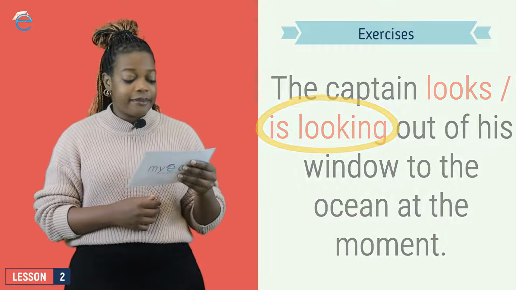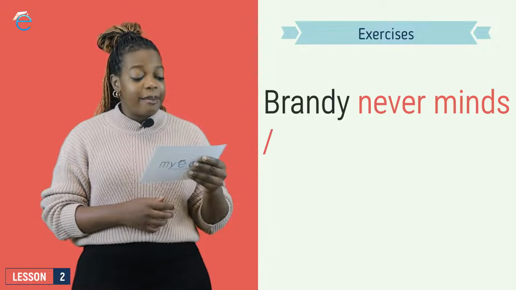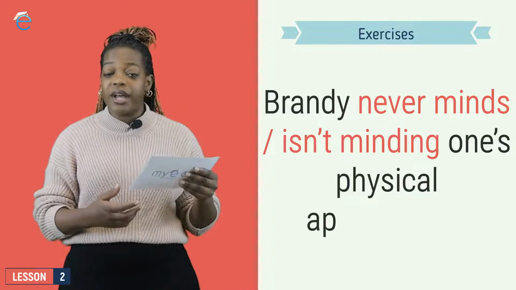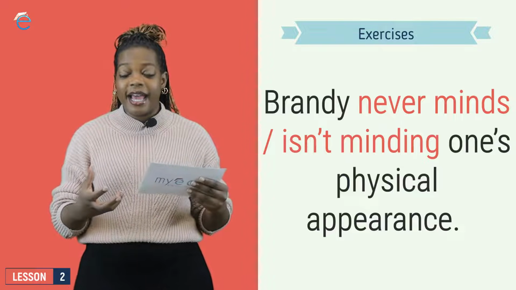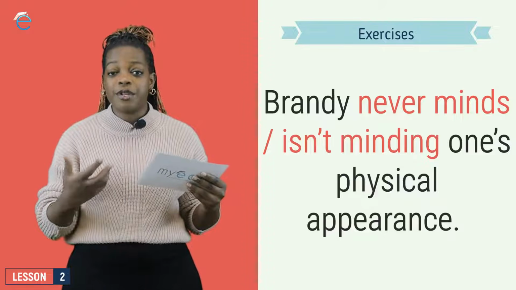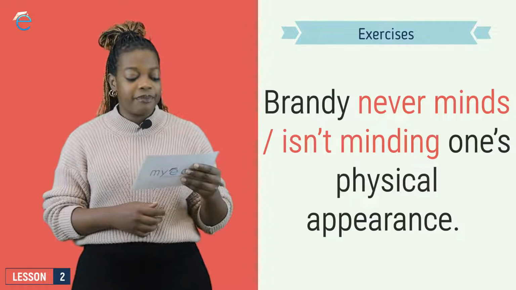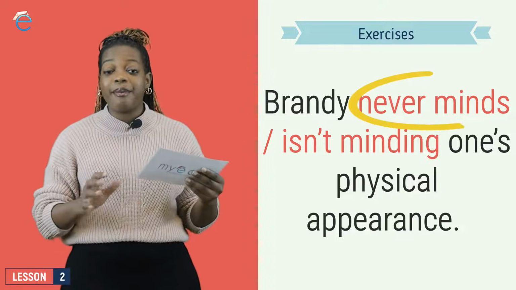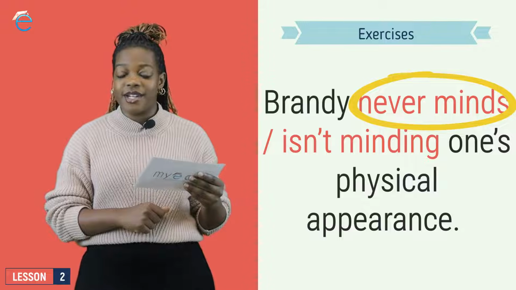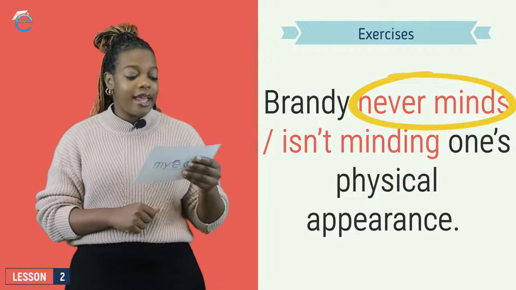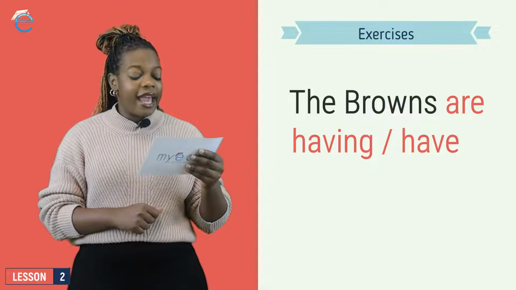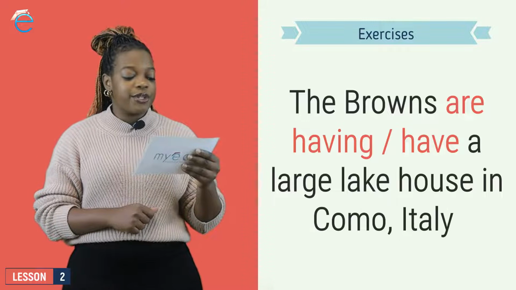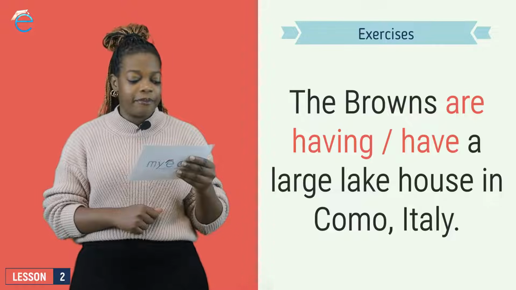Number 6, Brandy is minding one's physical appearance. That statement has an unobservable perspective. Brandy never minds one's physical appearance. Number 7, the Browns have a large lake house in Como, Italy.